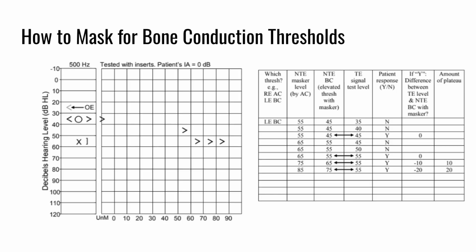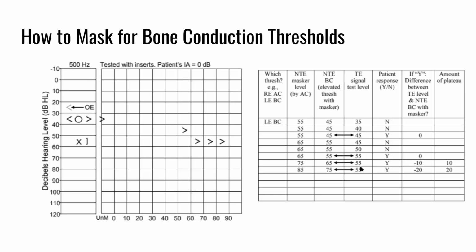So with a response at 45 dB, that means we increase our masker level from 55 to 65 dB, we get no response. So we increase our tone to 50 dB, we get no response. So we increase our tone to 55 dB, keeping our masker at 65 dB. And then we get a response. Now we increase our masker to 75 dB, we get a response.